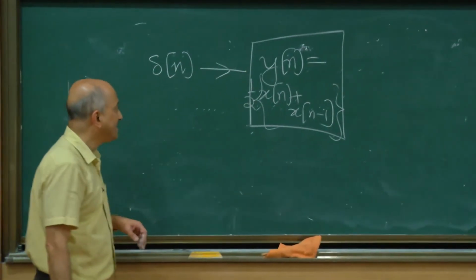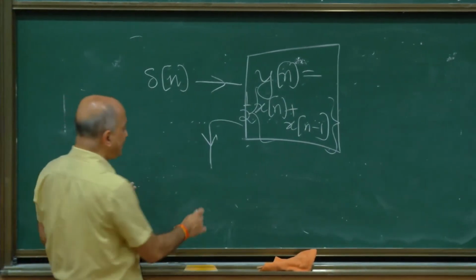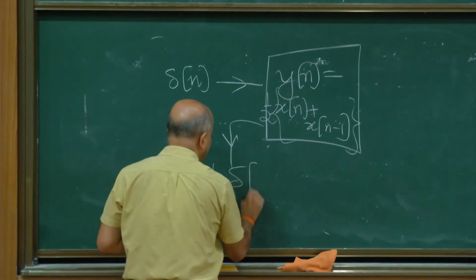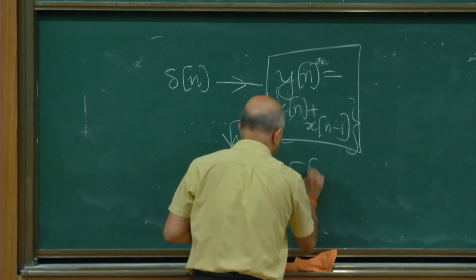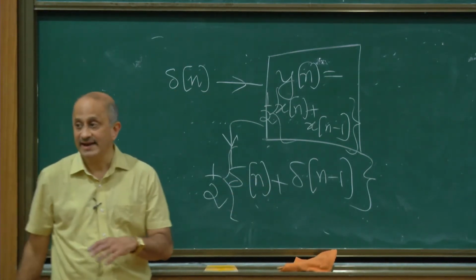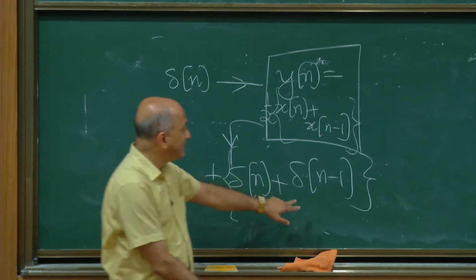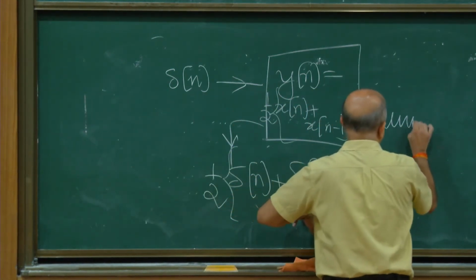Is that right? And what would we get? Of course, we would get half of delta n plus delta n minus 1. Is that right? Now this is called the unit impulse response of the system.